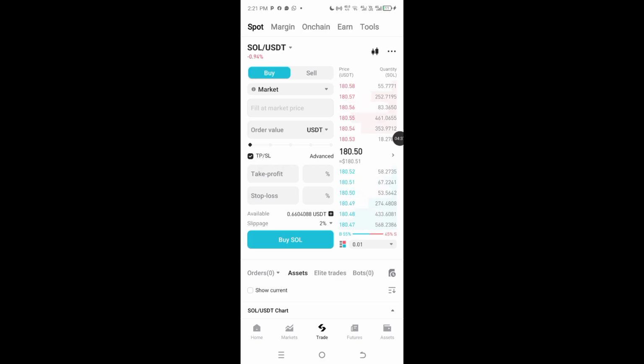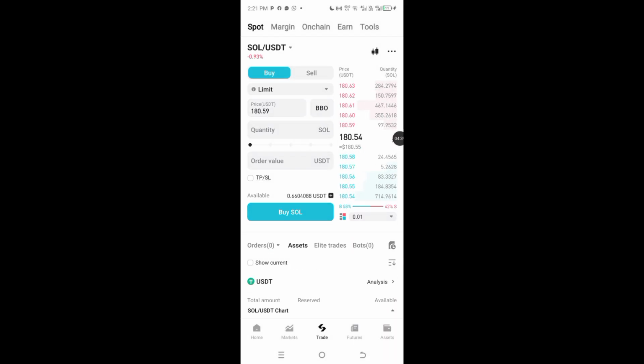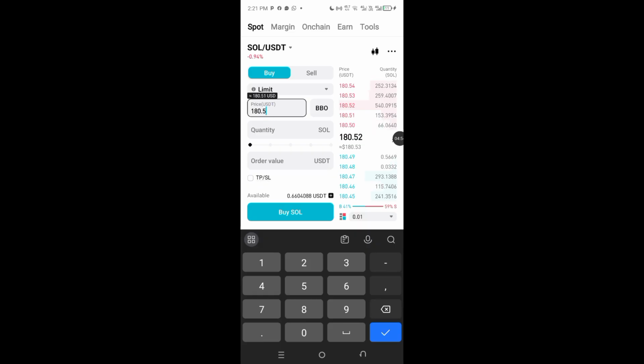Now, if you want to use the limit order, limit is you giving an instruction to the exchange that you want to buy not at the current market price, but at a lower price. So you want to determine your own price. You can say if price gets to 150, buy for me.